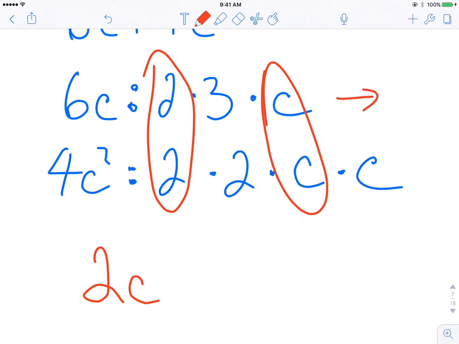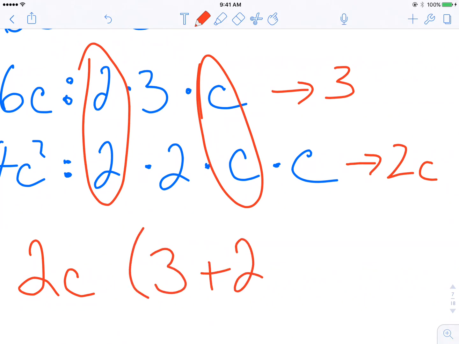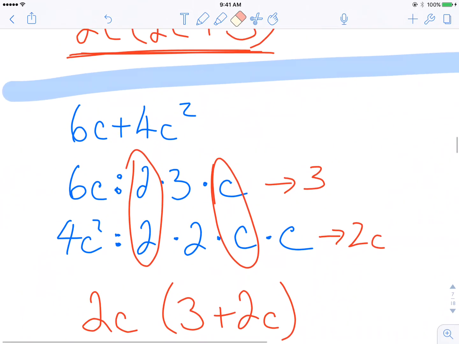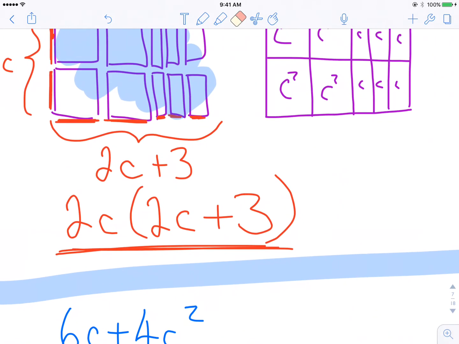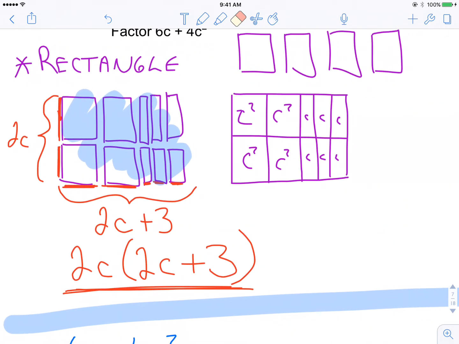What am I left over with here? 3. What am I left over with here? 2c. 3 plus 2c. And I think I just realized that I did write it backwards. I wrote it differently up here, only because I started with my c squared tiles here, and that's why it came out c first.